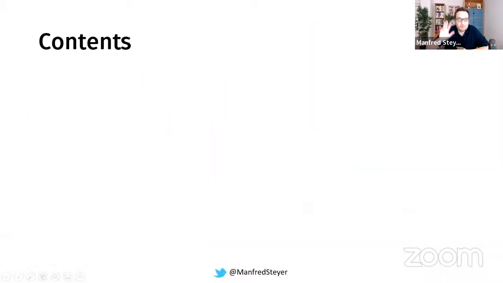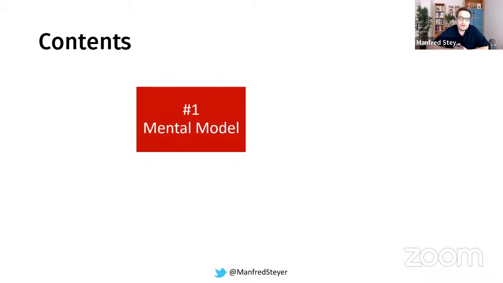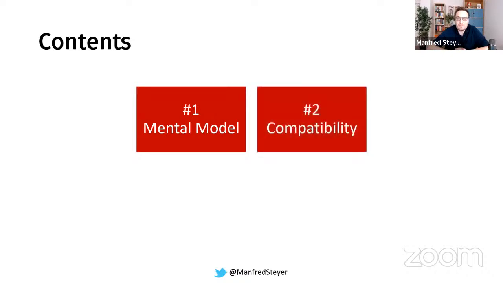For this, I've prepared 4 things. I want to get started with the mental model behind ng modules, or not ng modules, behind standalone components. If you understand the mental model, you will more easily understand the rest. After that, we will talk about compatibility.